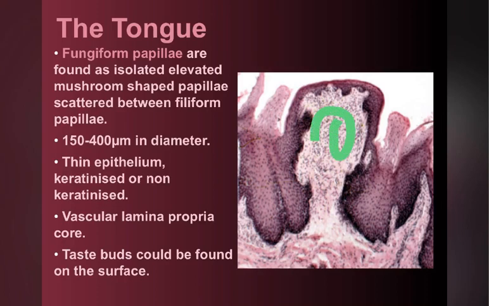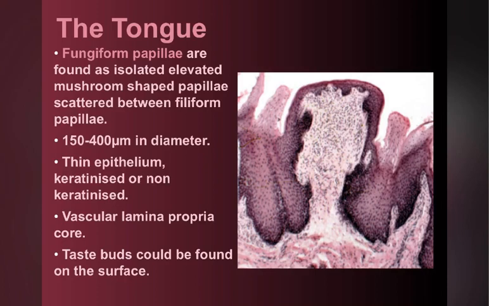They have a considerable lamina propria core that's rich in vasculature. They have taste buds on the top surface, about 150 to 400 micron in diameter, the fungiform papillae.